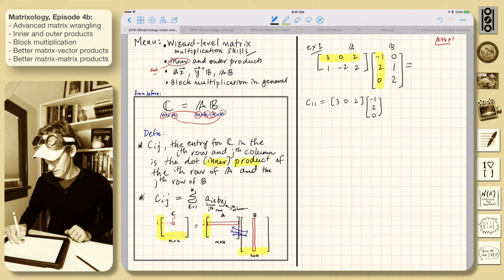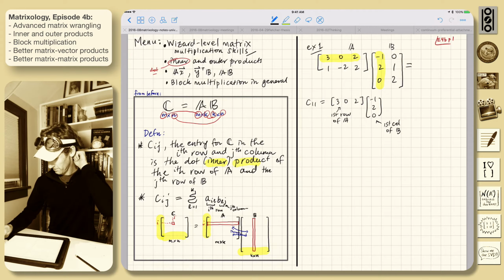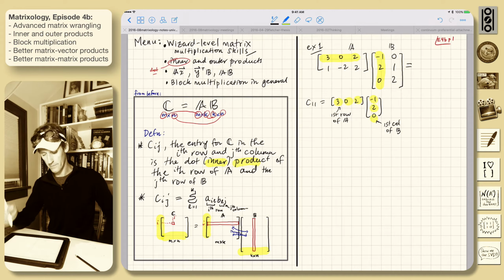So this is the first row of A, and this is the first column of B. Some little side notes here. We know how to do this, right? So it's 3 times minus 1, it's minus 3, plus 0 times 2, 0, plus 2 times 0. Those zeros are very helpful. So that's minus 3. And that's going to be C11. Now here's a thing to think about.